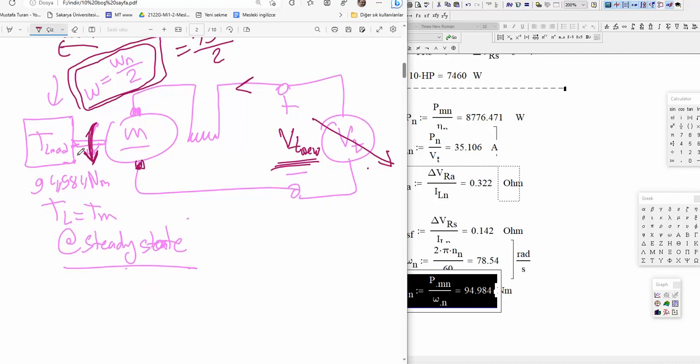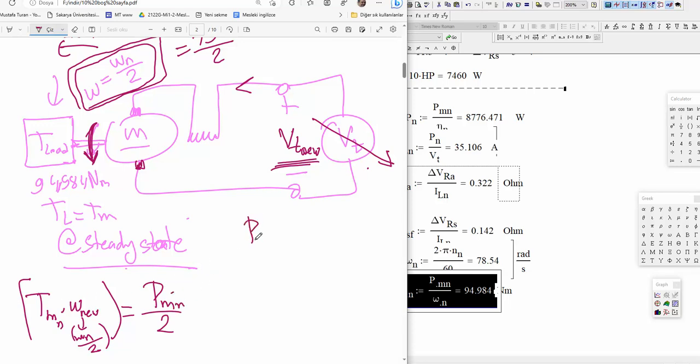You can easily see that on the mechanical side, mechanical torque times the new angular speed, which is half of the rated speed, gives half of the mechanical output power.